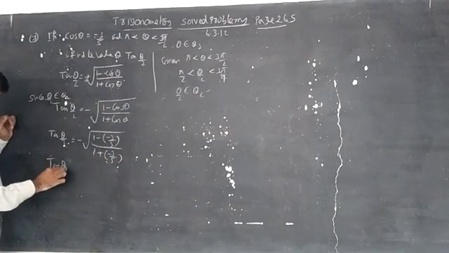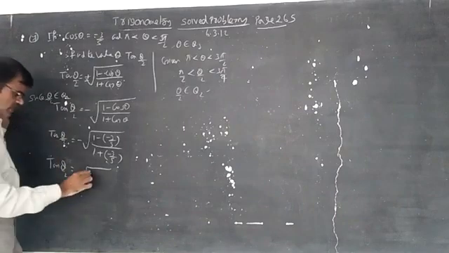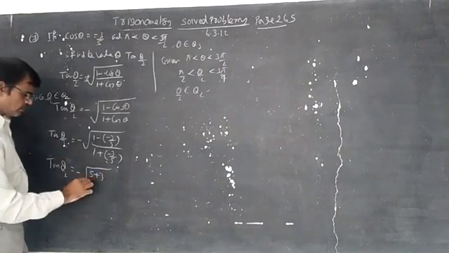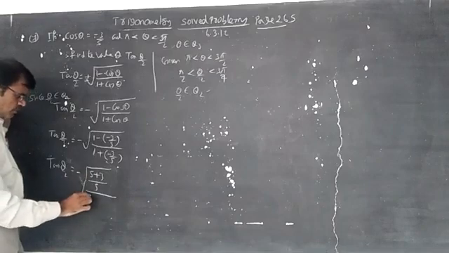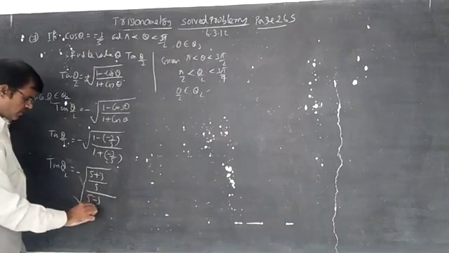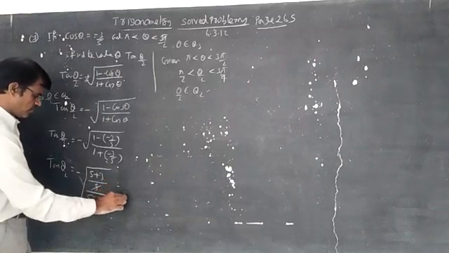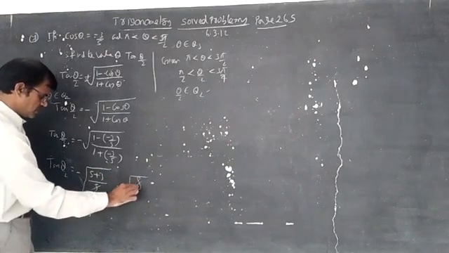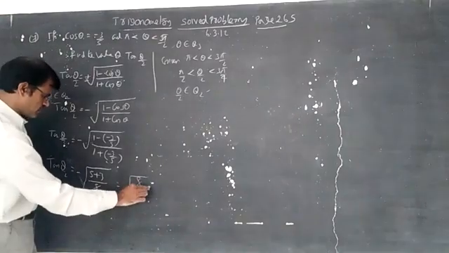Now tan theta by 2 is equal to minus root of, taking LCM, 5 plus 3 by 5 whole by 5 minus 3 by 5. 5 and 5 will get cancelled. 5 plus 3 becomes 8, 8 by 2 becomes 4.